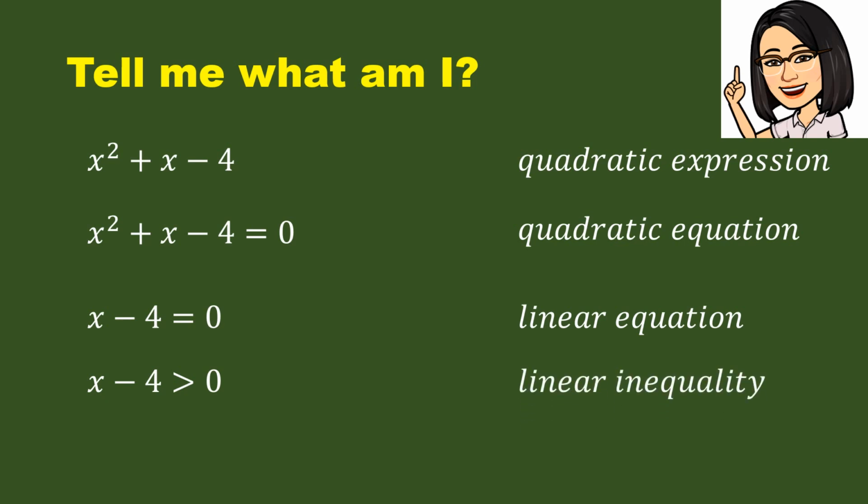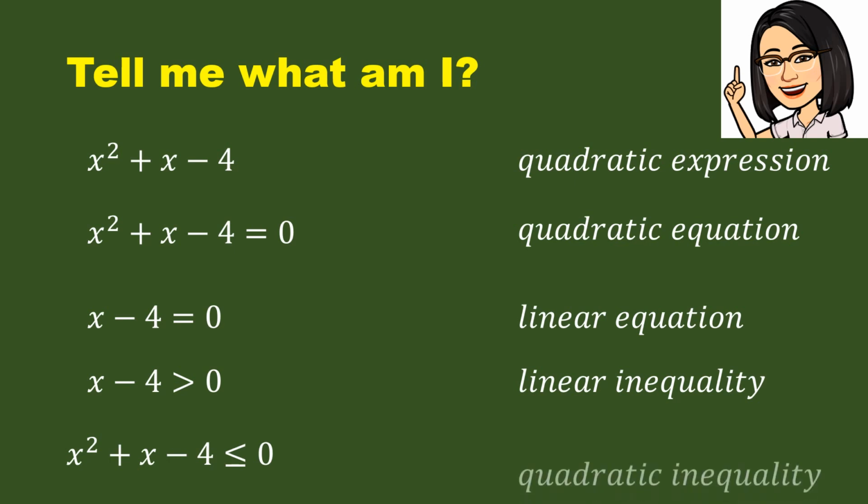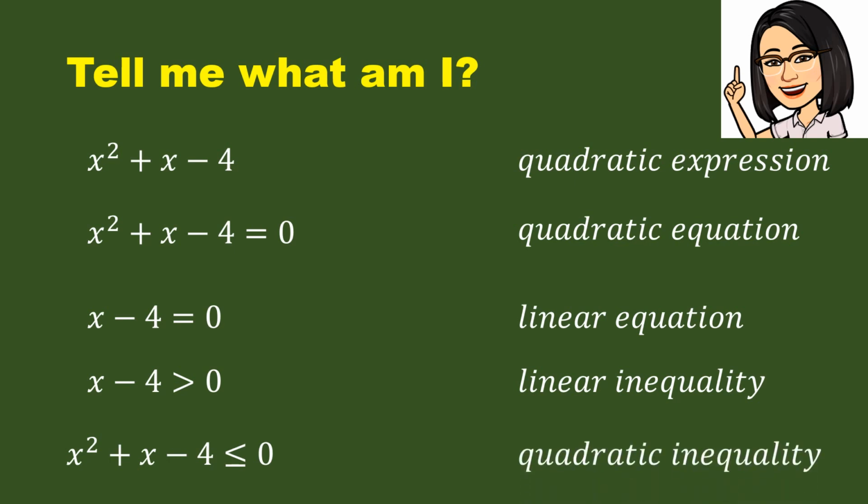So it is called a linear inequality. Then, x squared plus x minus 4 is less than or equal to 0. It has 2 as degree and uses an inequality symbol. So it is called a quadratic inequality.